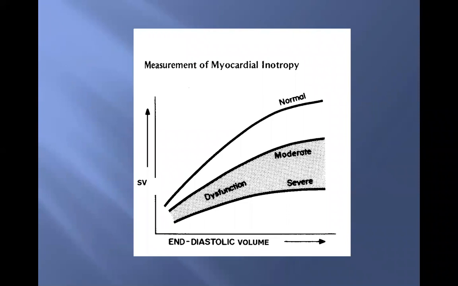And this is the Starling law related to the volume and diastolic volume, which is also related to the normal or abnormal volemic state of the intravascular compartment.